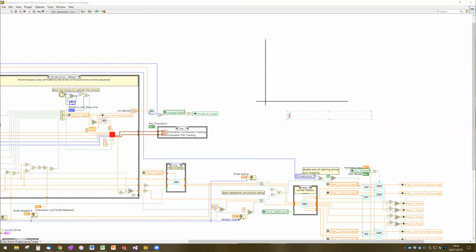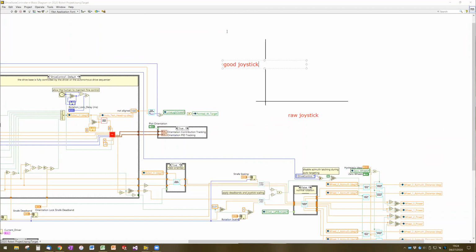Where on the x-axis we have the joystick value, like I'll say the raw joystick value. And the y-axis we have the good joystick value. So this is the value that's actually going to, say, the swerve math in this case.